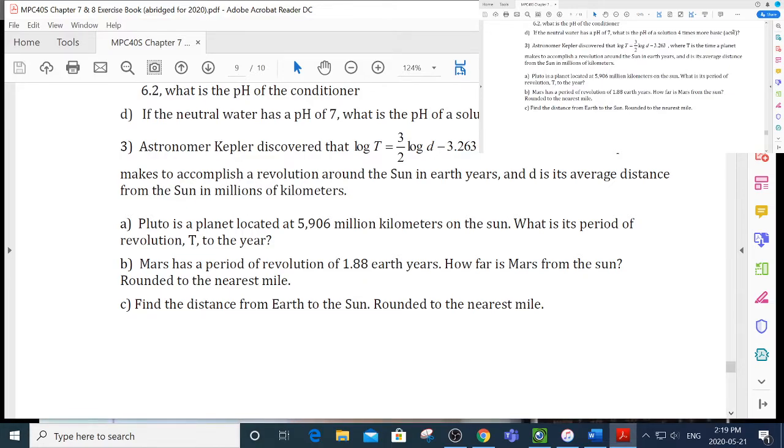The pH of water is 7, and the pH of my base is what I'm looking for. And what I know is that the water is actually 4 times more acidic than the solution that's more basic.